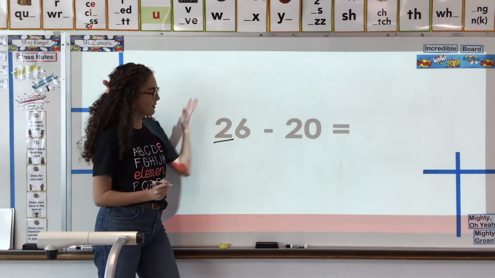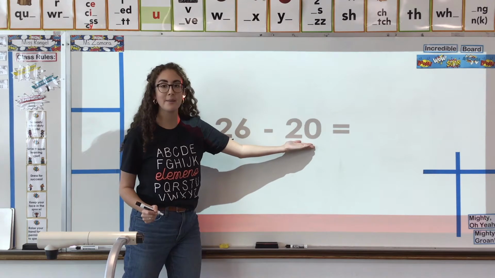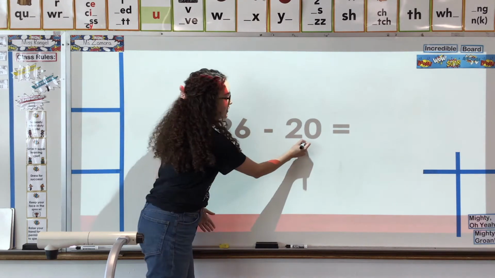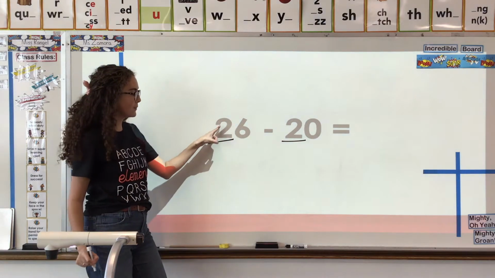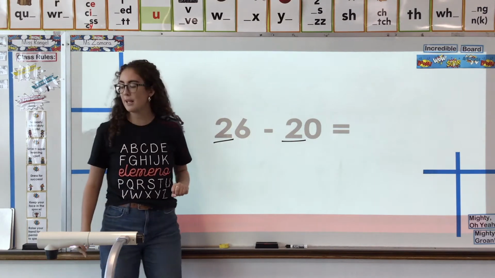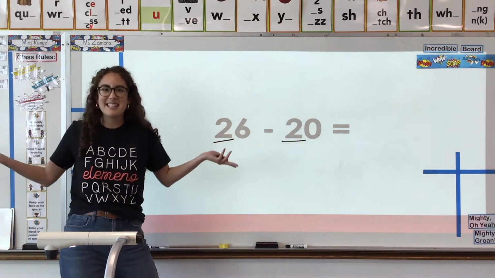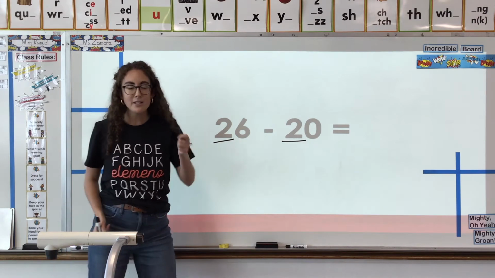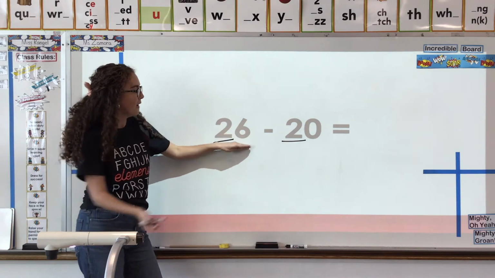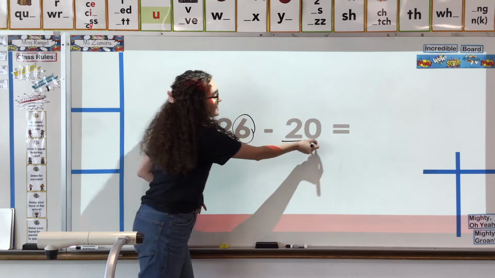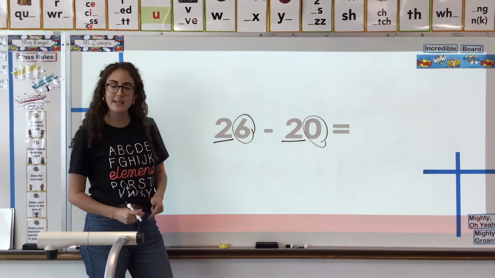The 2. And what numbers in the tens place? The 2. So we can subtract these numbers. 2 minus 2 is? Nothing. It's 0. There's nothing left. So what about the ones? We have our 6 and our 0 in the ones place.